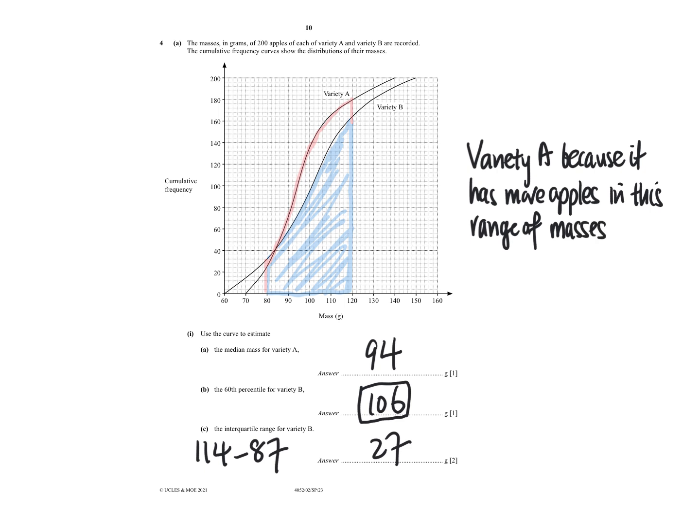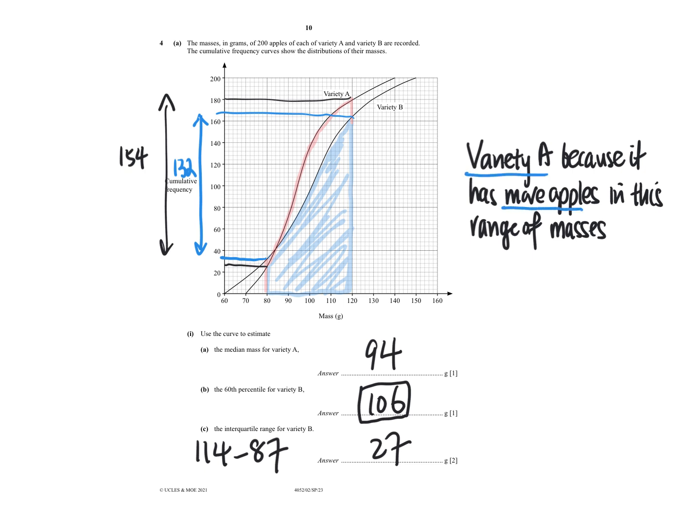So if you compare, for variety A, in this range, you have 154. But for variety B, if you compare, you have 132. So for variety A, you have more apples in this weight range as compared to variety B. So the key is that there are more apples.